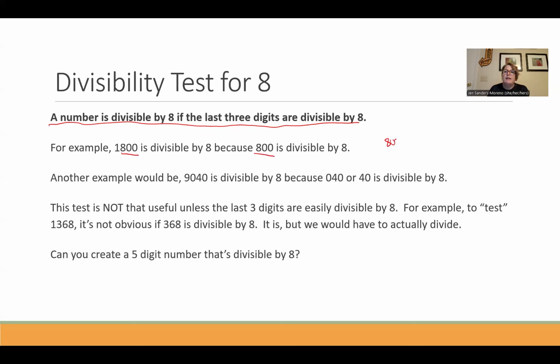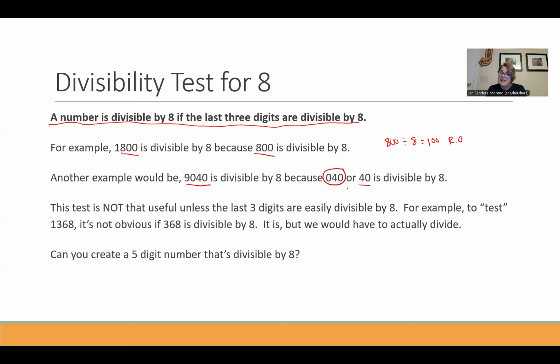And 800 divided by 8 is a whole number with a remainder of 0. So that's what I mean by divisible, is I get a remainder of 0. Okay. Want another example? How about 9,040? 040 are the last three digits. That's the same thing as the number 40.